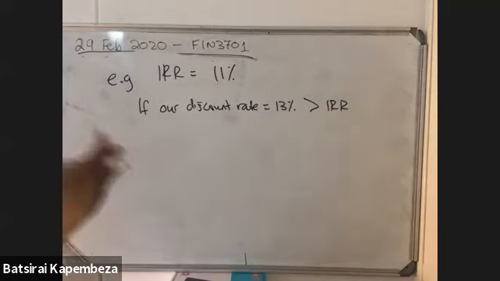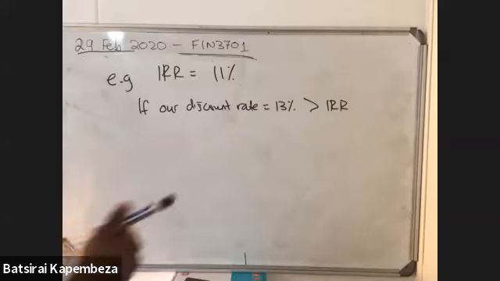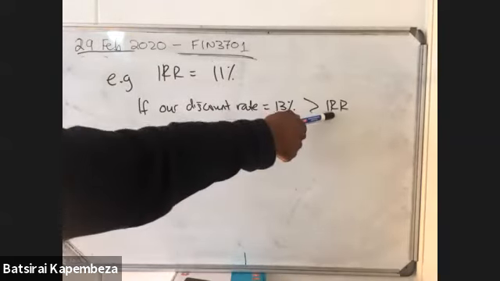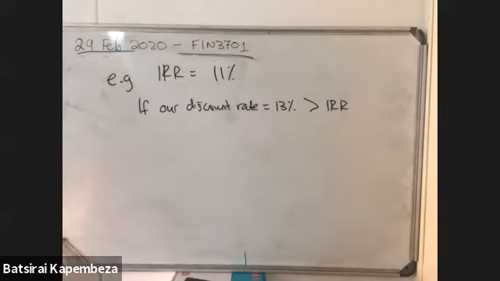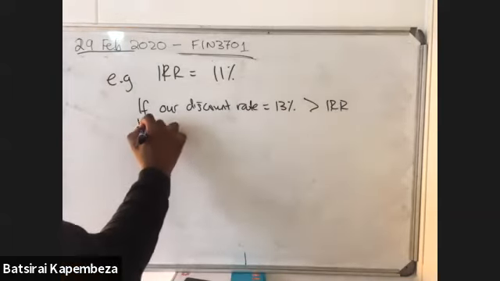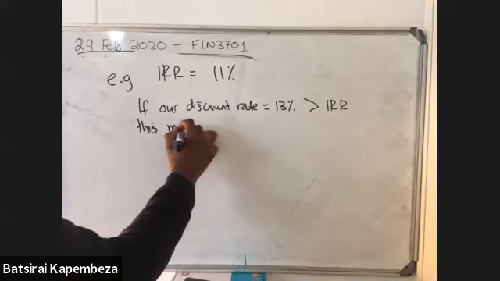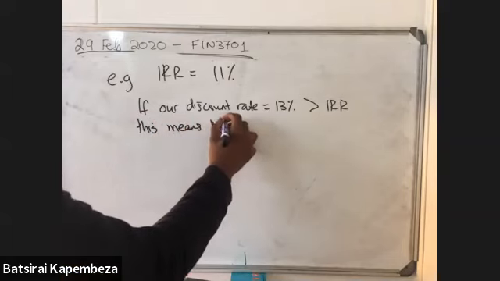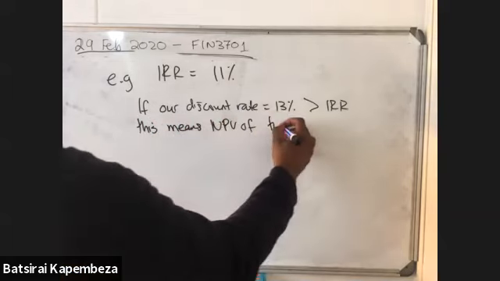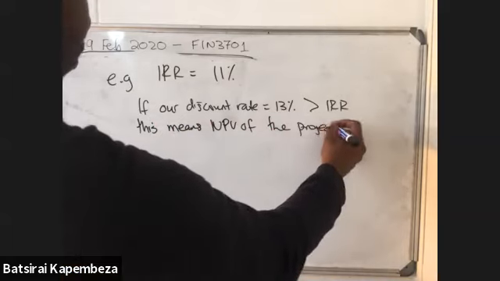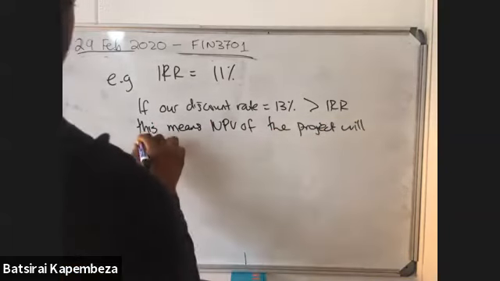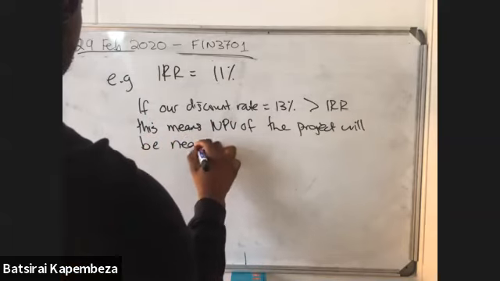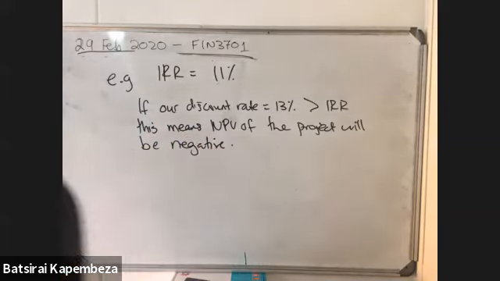So without even doing the NPV calculation, we can see that the discount rate is more than the internal rate of return. And this means the NPV of the project will be negative. So that's how we use our IRR.